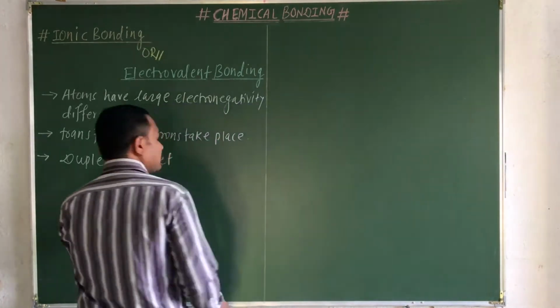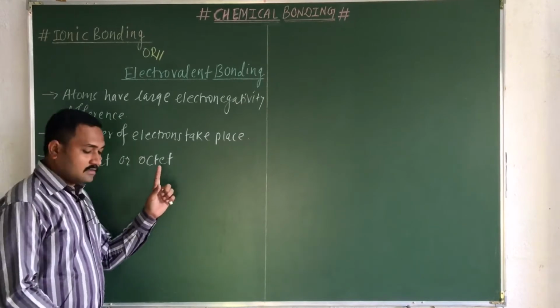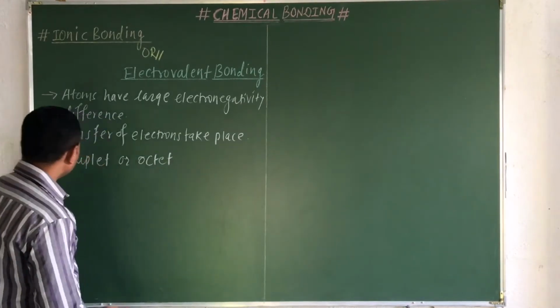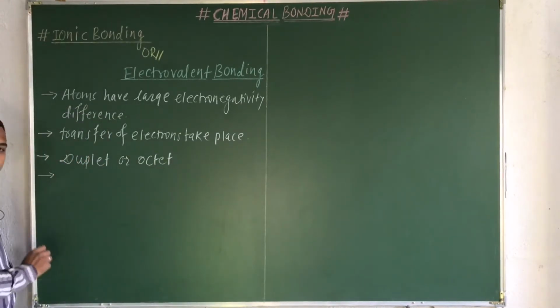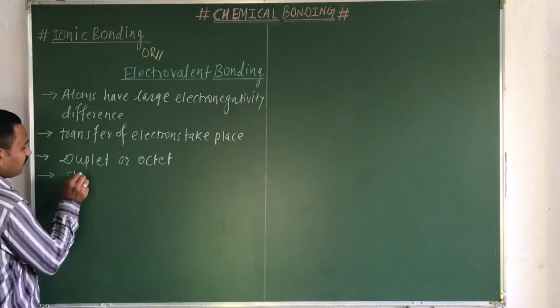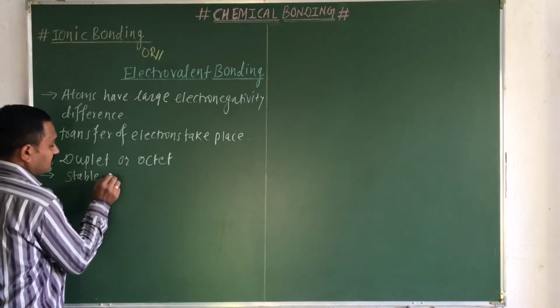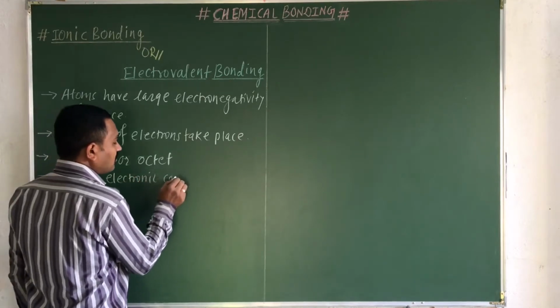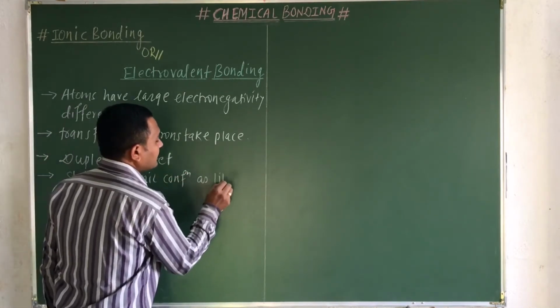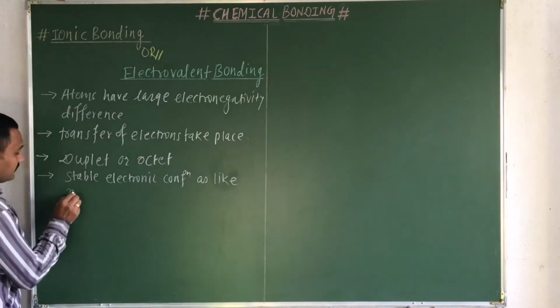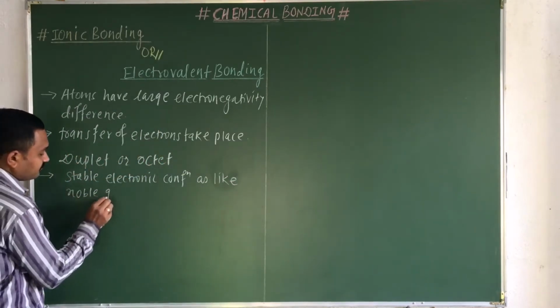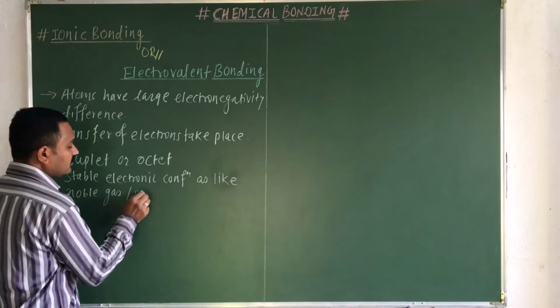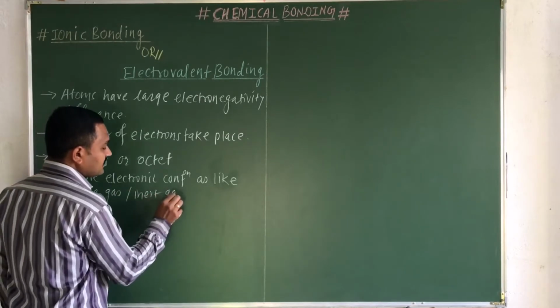Any atom that attains the duplet or the octet achieves a stable electronic configuration like the noble gas, or inert gas element.